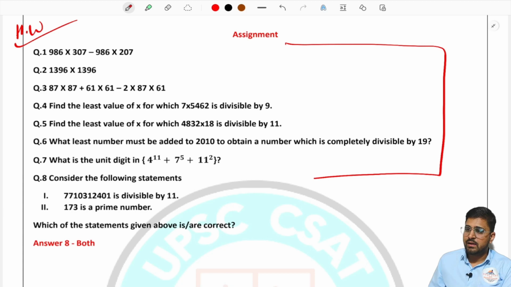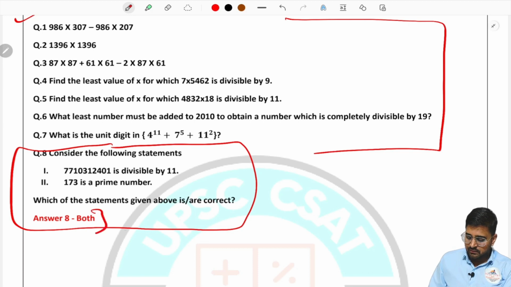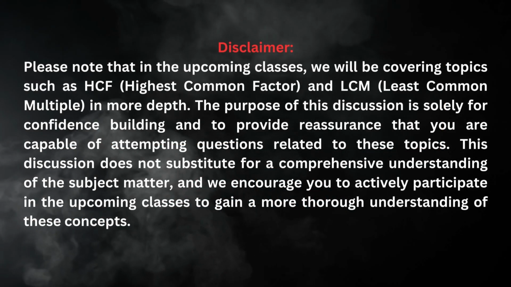That's why I didn't mention any answer. But in question number 8, the answer is given because of the complexity. So try to attempt them, and I hope you will understand them. So let us move to the next section.